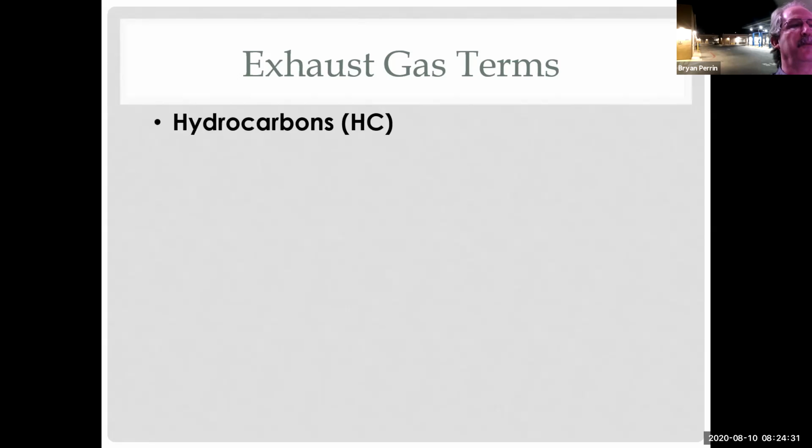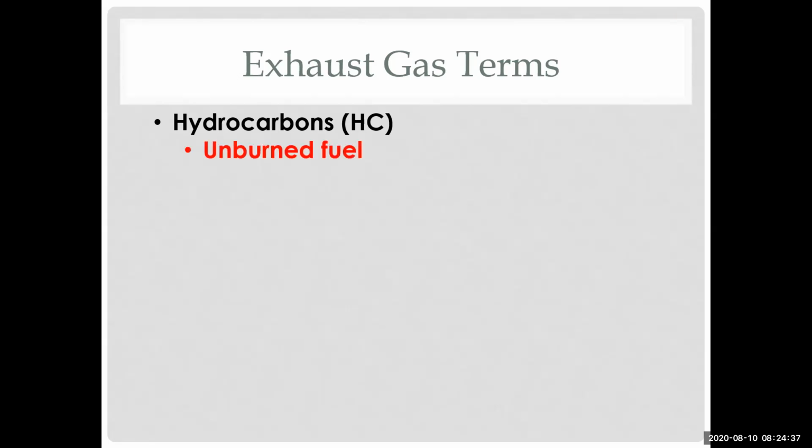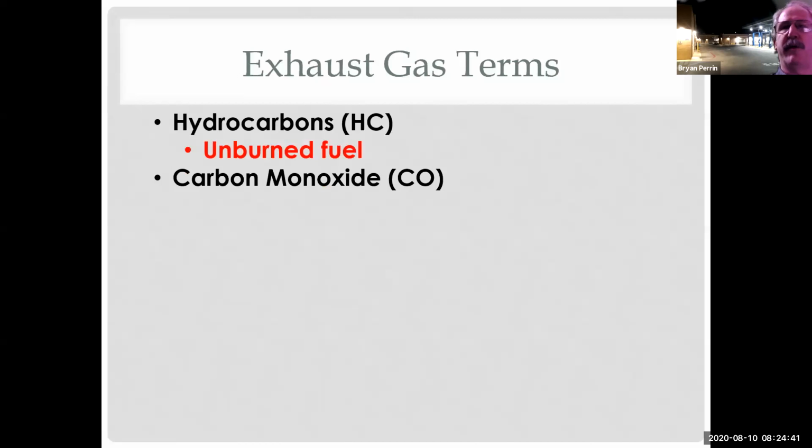So hydrocarbons, what's a good way of describing hydrocarbons? Unburned fuel, okay? Unburned. Carbon monoxide, what's a good way of describing carbon monoxide? Poison. Burned fuel. Well, it is partially burned because it's partially oxidized, but that gets kind of confusing because what's the difference between partially burned and unburned?